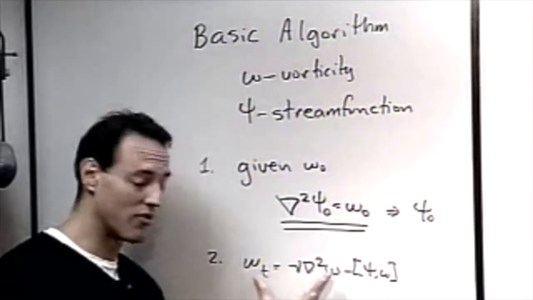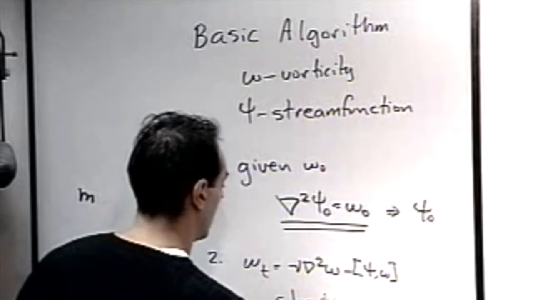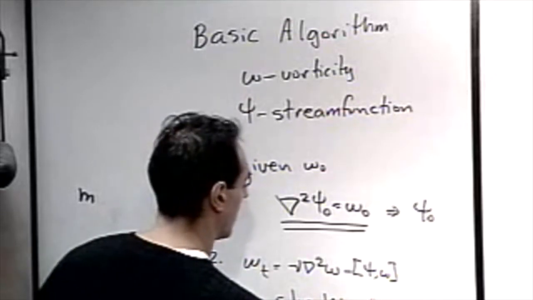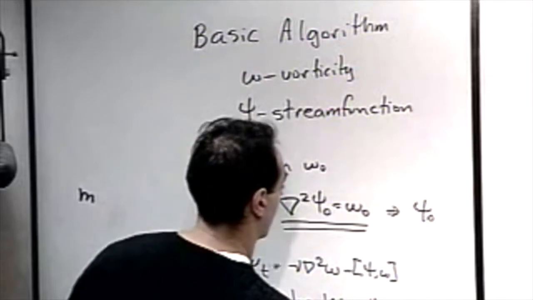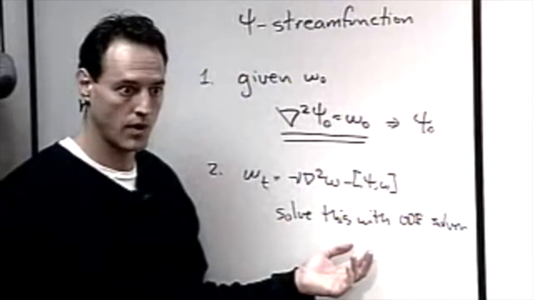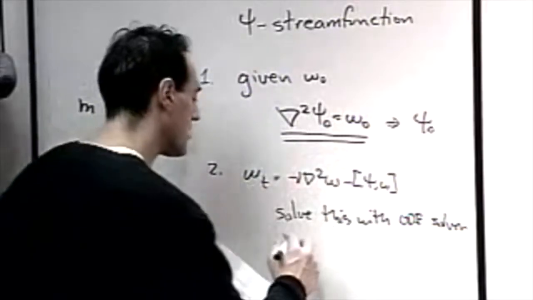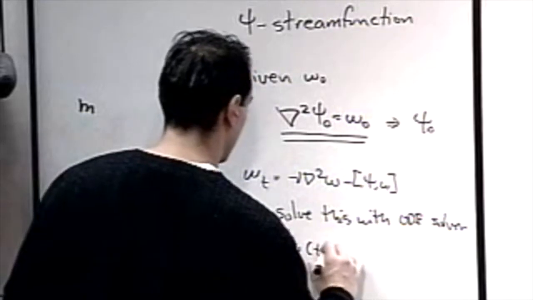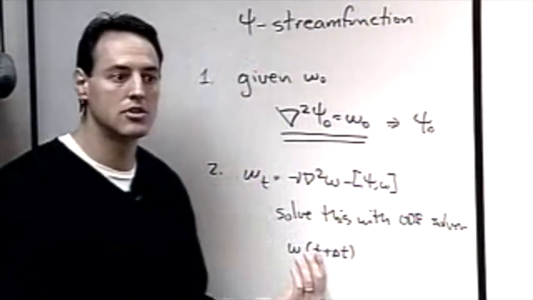So all we have to do is solve this with an ODE solver. We've talked about ODE solvers already. Okay? So we'll now step this forward in time. This gives us our solution for the vorticity delta t into the future.